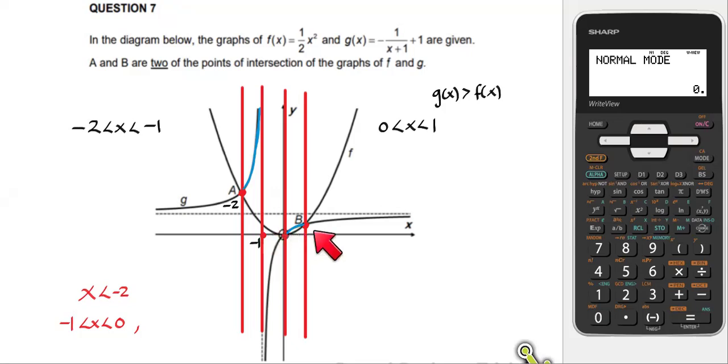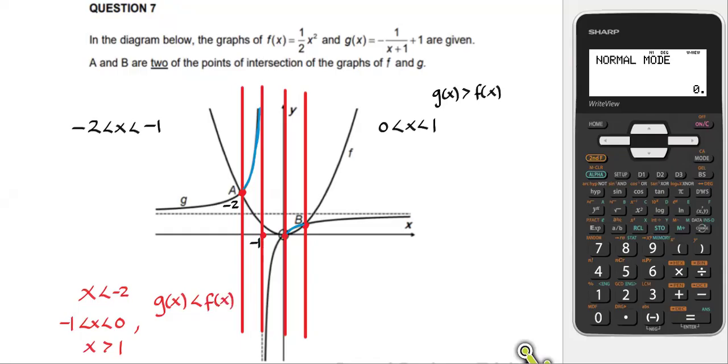Then the other one was here, greater than 1, where it's below. We're going to say x is greater than 1. The red one is where g of x is less than f of x.